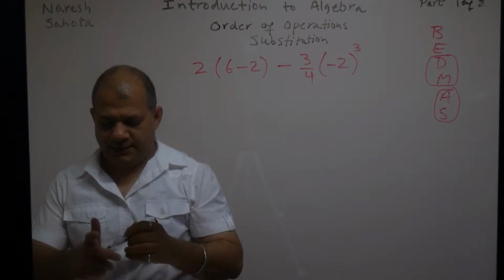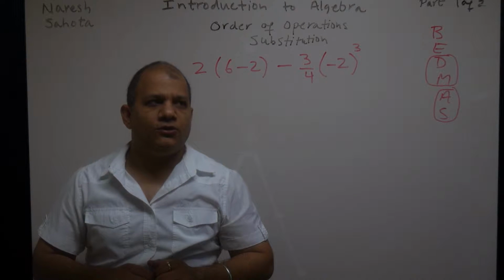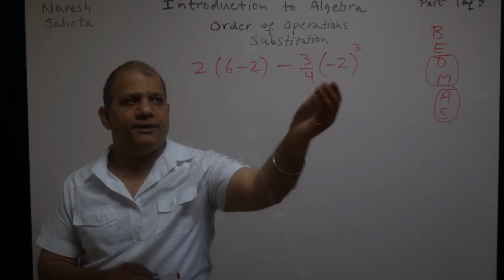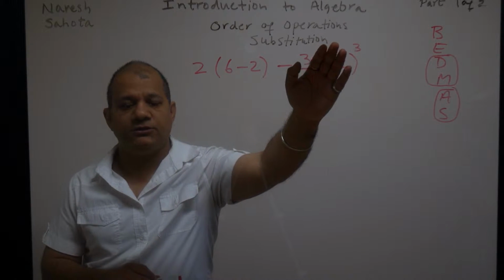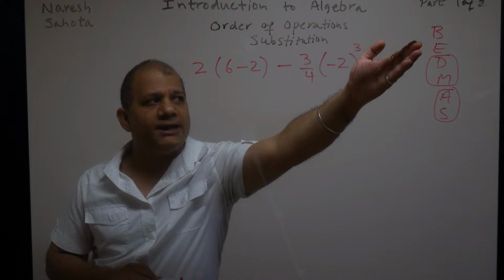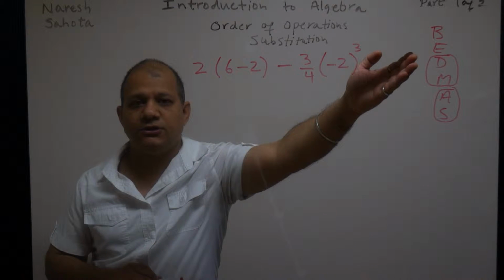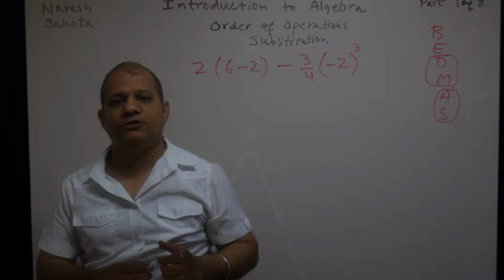The question would say simplify or evaluate this expression. So when we evaluate this, we have to remember our order of operations, and order of operations is BEDMAS. We do brackets and exponents first, followed by division and multiplication, and lastly addition and subtraction.